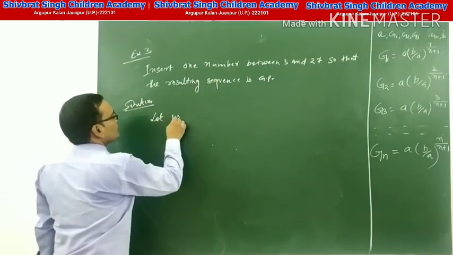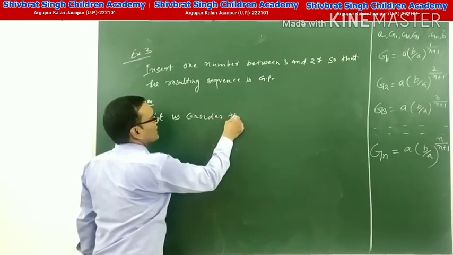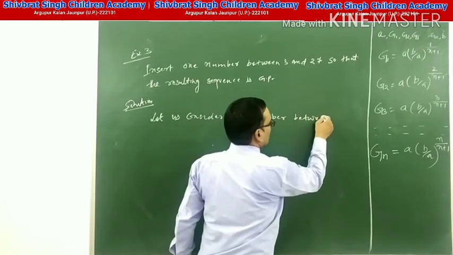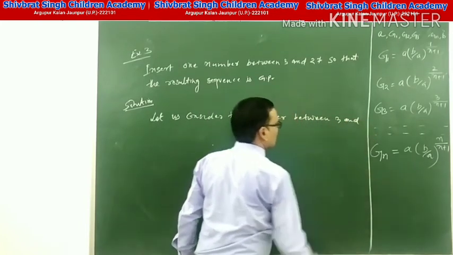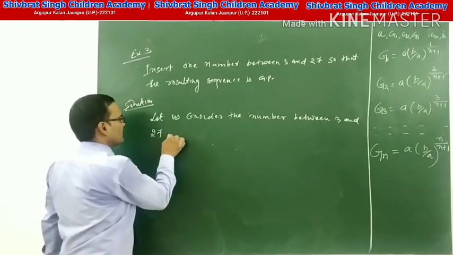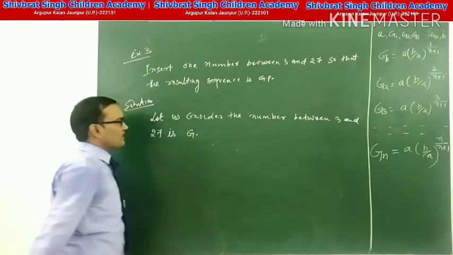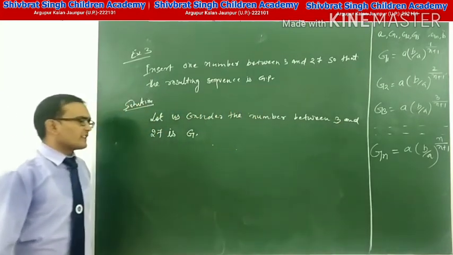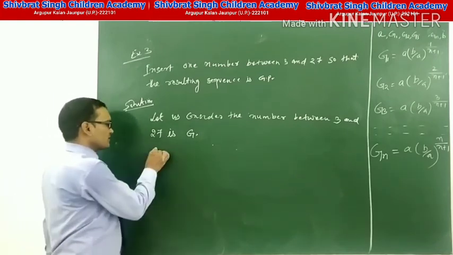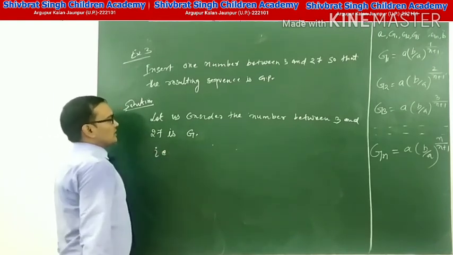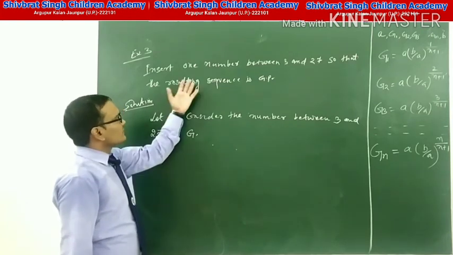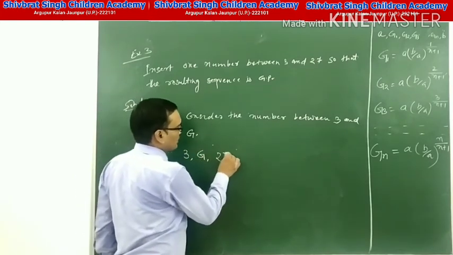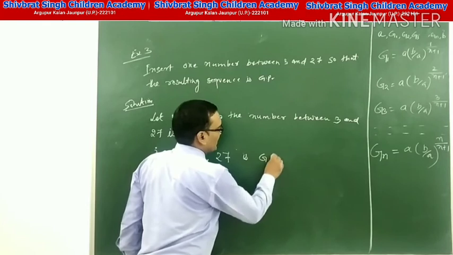Let us consider the number between 3 and 27 is G. We consider the number between 3 and 27 is G. That means, again according to the question, 3, G, 27 is a GP.